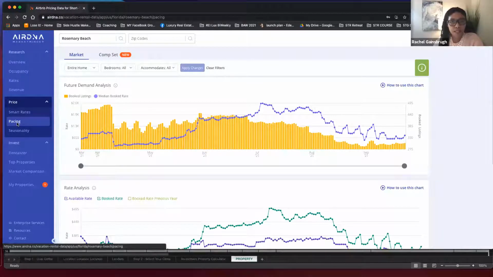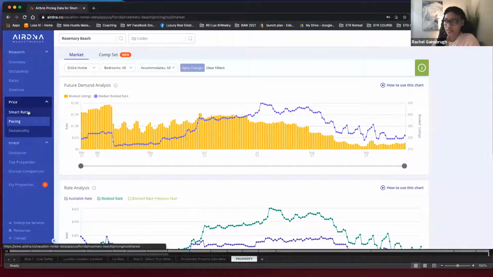And even if they were to recommend a pricing to you that's way lower than you think you're worth, they'll recommend that. So I never use smart pricing with Airbnb. I do know that they're making strides to improve that, I think, but I wouldn't use pricing with Airbnb at all.